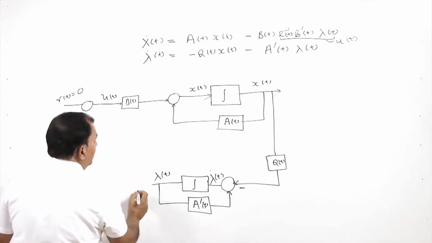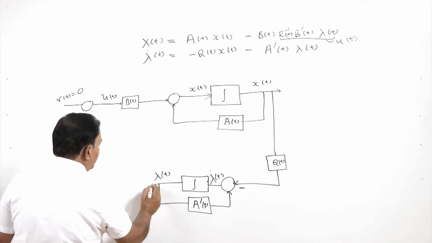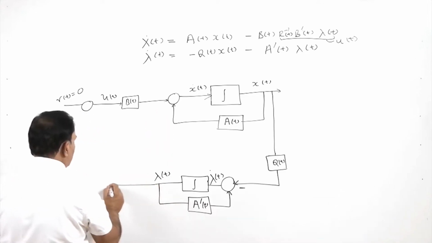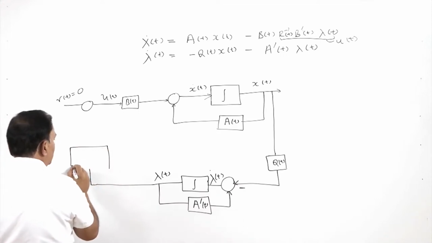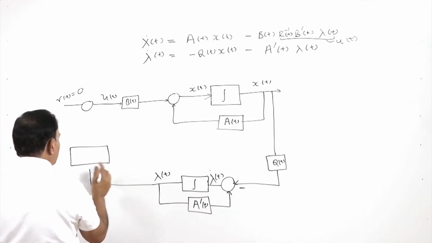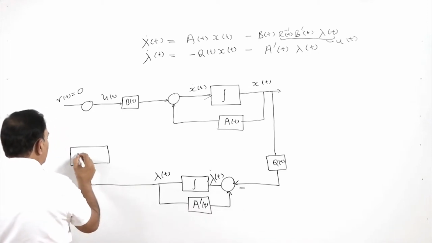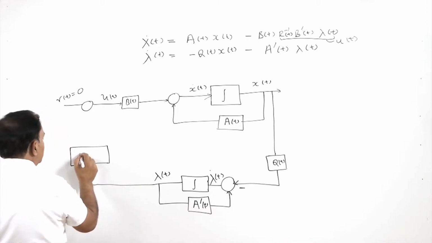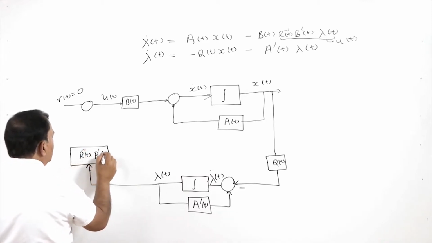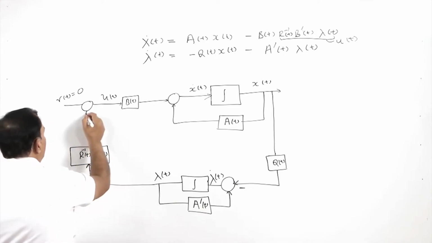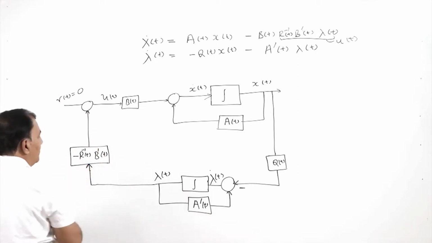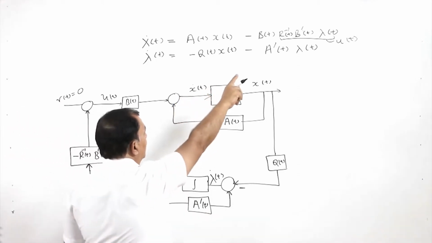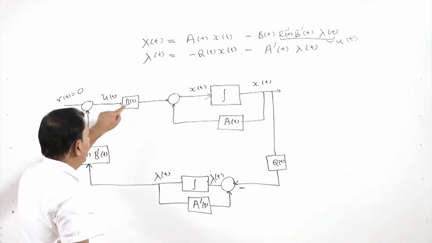Lambda t is multiplied with R inverse B transpose t to get my U. I am taking a negative sign with this, so this is minus R inverse B prime multiplied with this.